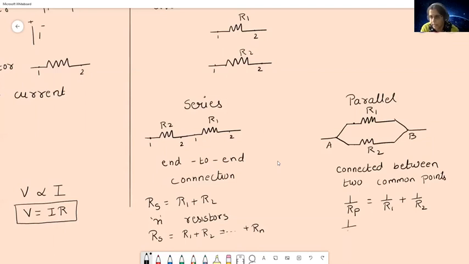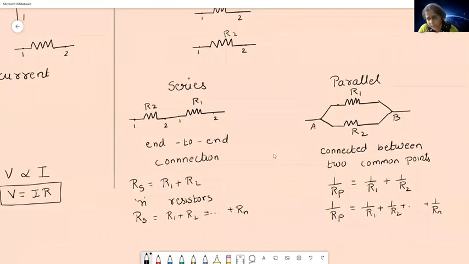Similarly, for parallel connection, you have 1 by Rp equal to 1 by R1 plus 1 by R2, and it will go till the nth resistor. So this is the total resistance in both series and parallel connection.